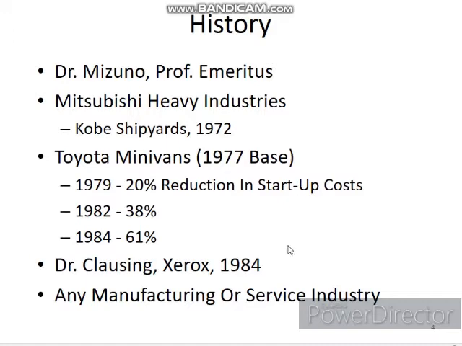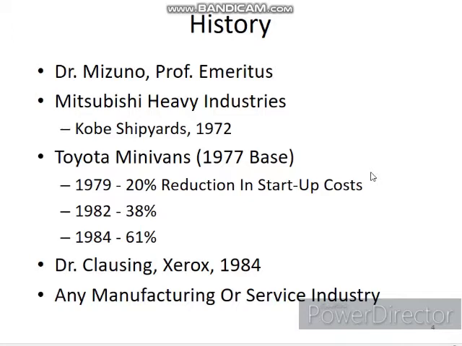The other case study that you can find of the implementation of QFD is by Dr. Kausing for a Xerox product in 1984. In fact, QFD can be applied in any industry, whether manufacturing or service.